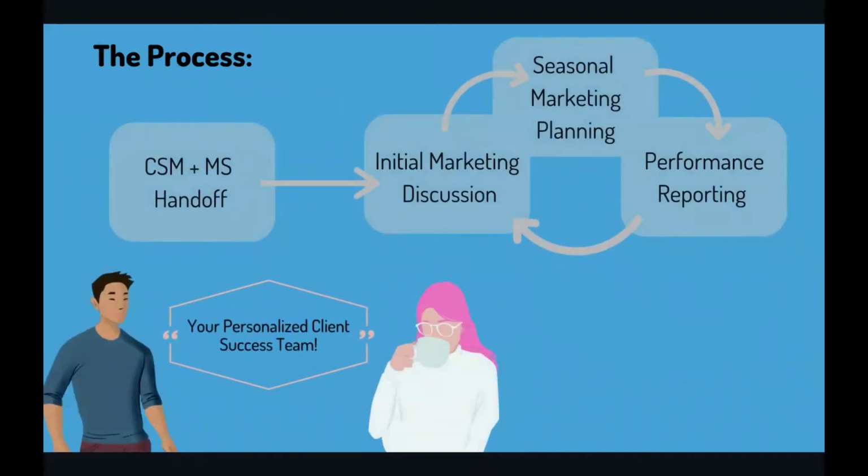Okay, so the process of our CS team. Once you onboard with us, you will have your initial handoff with the CS team. That is your client success team. It will be made up of two people: the client success manager and your marketing strategist. We monitor campaign analytics in addition to creating the content that goes in all of our campaigns.